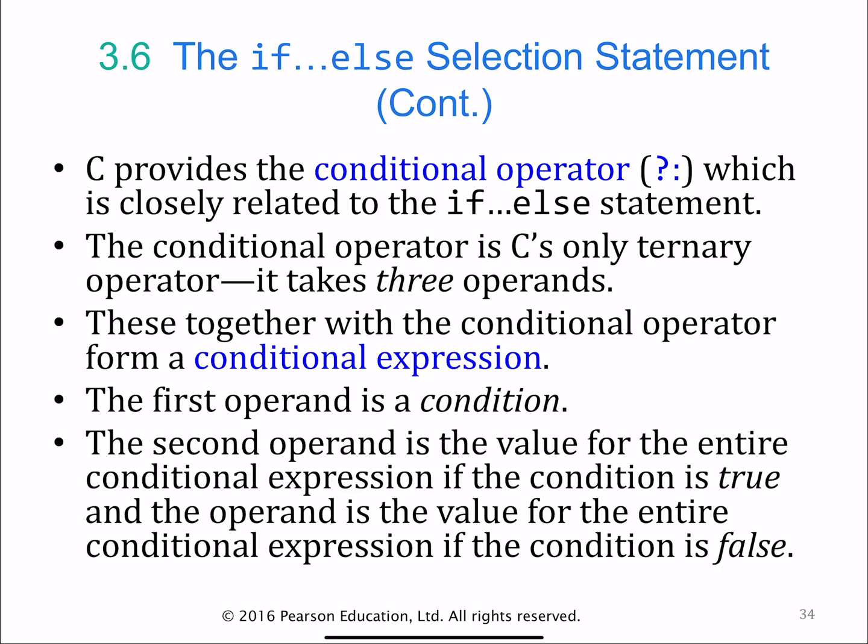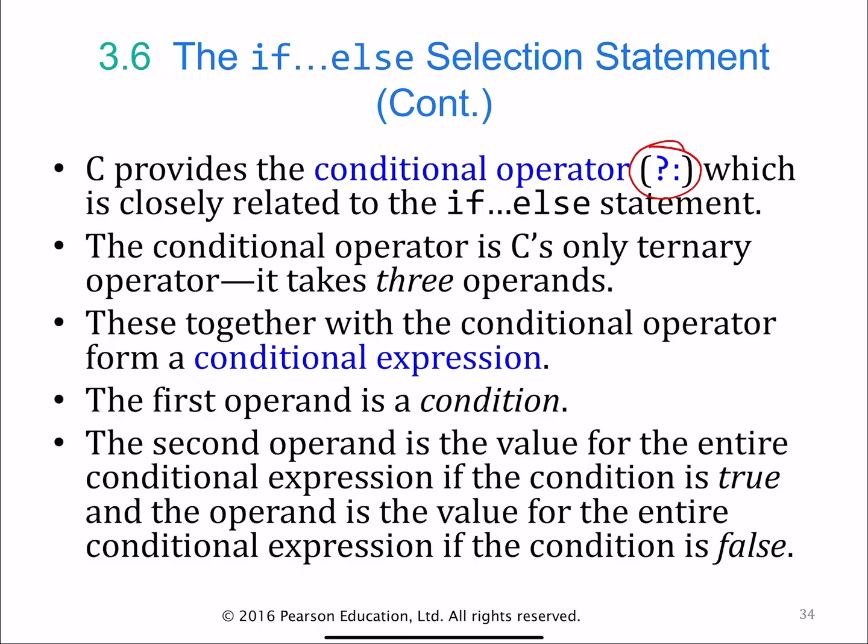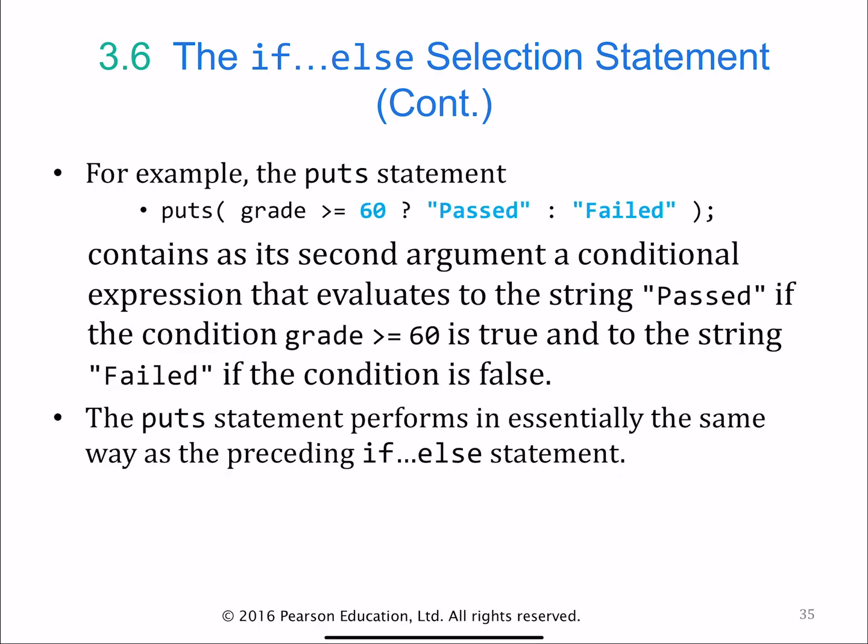And for that, we use something called the conditional operator. This looks a little strange, a question mark followed by a colon. Here's an example. If we wanted to do the same example where we want to print either passed or failed using the selection operator, this is what that would look like.